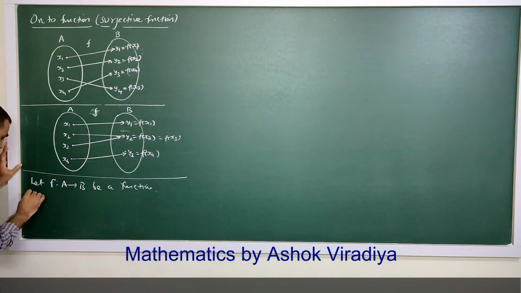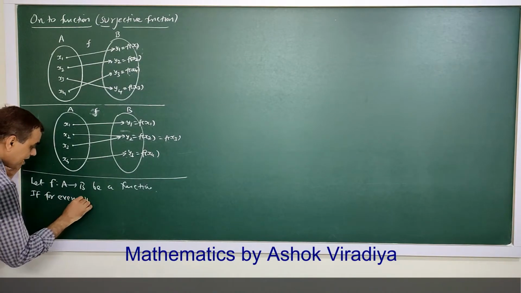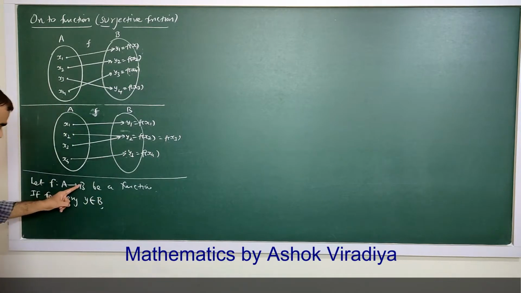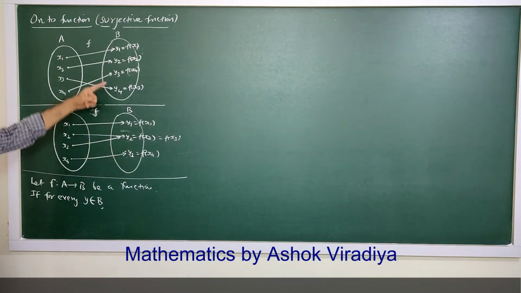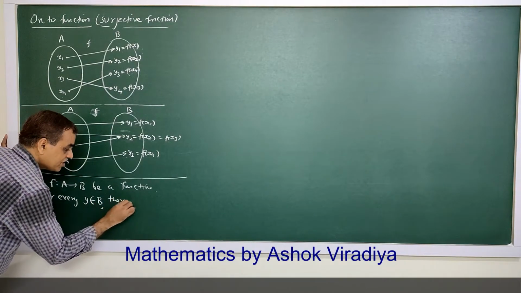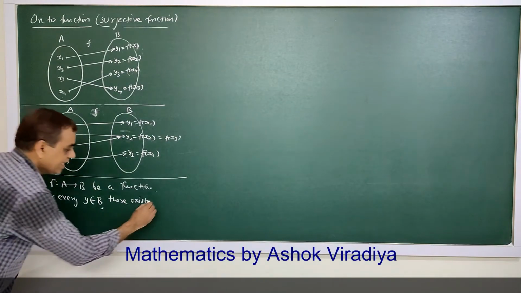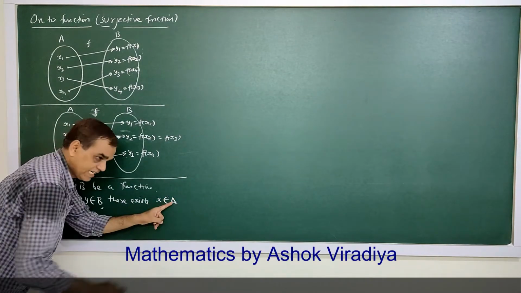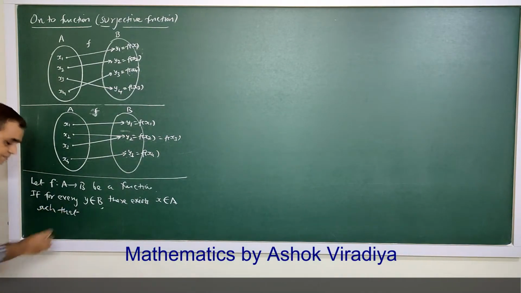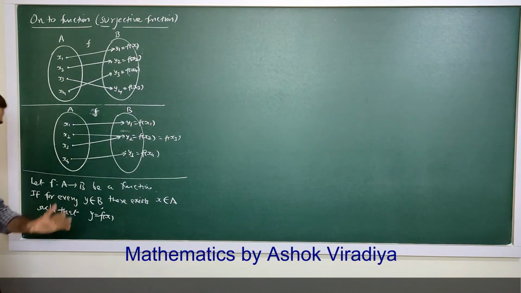If for every element y from the codomain, there exists its pre-image in the domain such that y is the image of x under f.